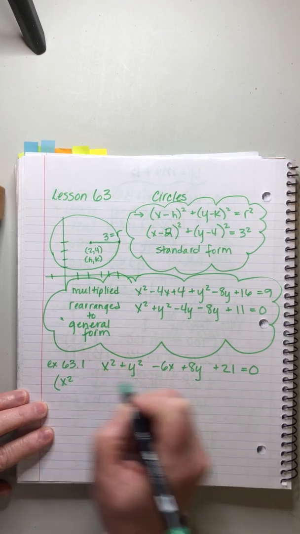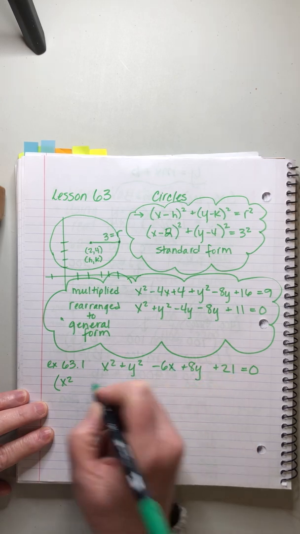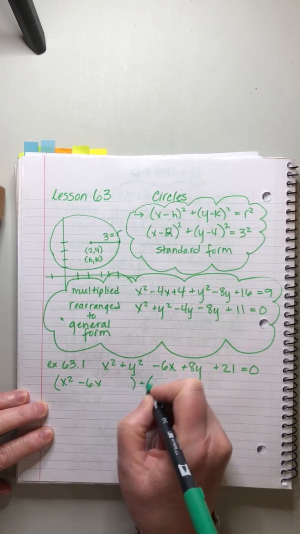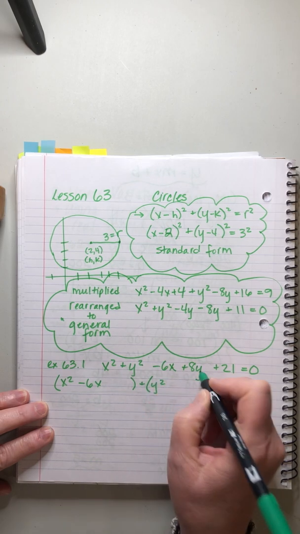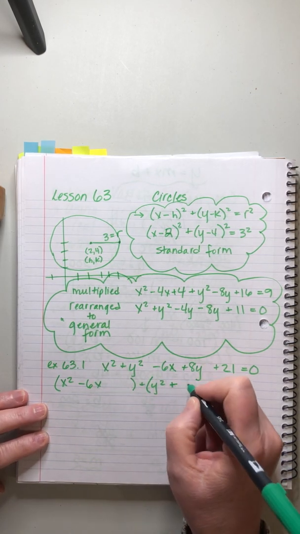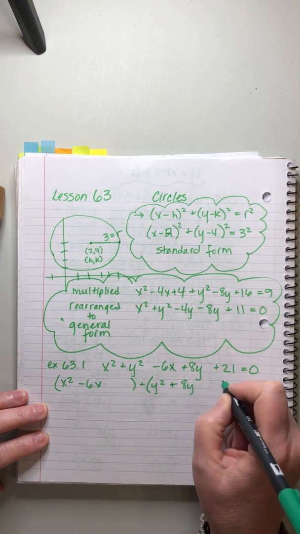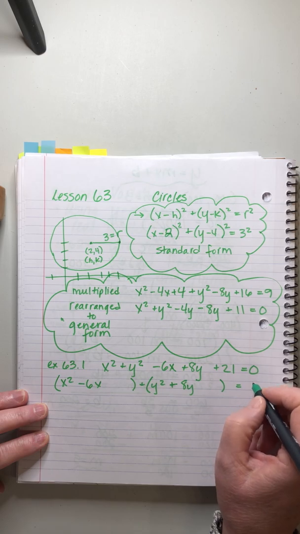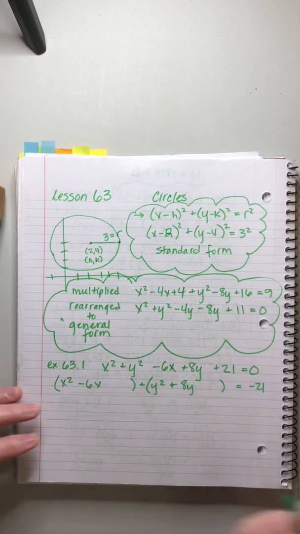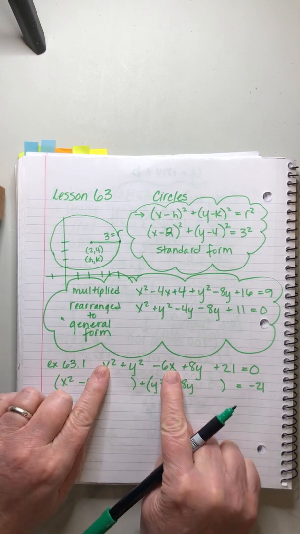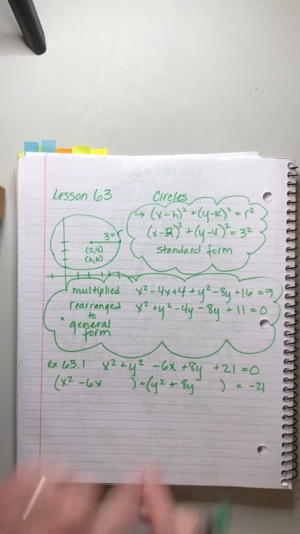It's going to be x squared minus 6x with a gap, plus y squared, I'm double checking to make sure, yeah, plus 8y with a gap, equals negative 21. Okay, I just kicked him to the curb.